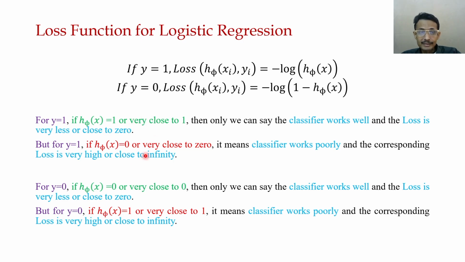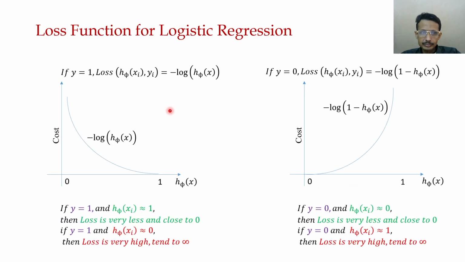Now we have to understand how these two requirements are achieved by these two rules. Let's go one by one. Here we plot minus log of h_theta(x). So this is the curve. If y is equal to 1, we need h_theta(x) to be 1.